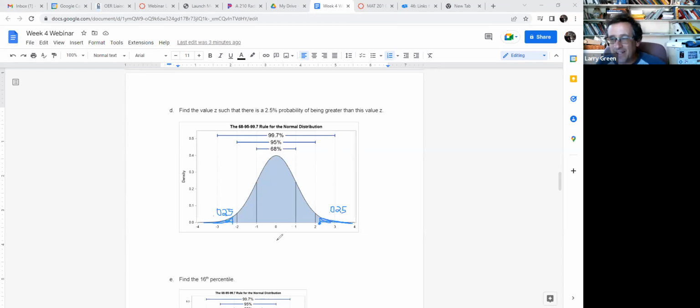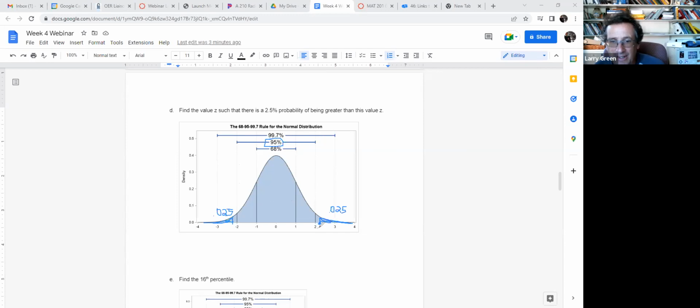So if the outside is 5%, the inside is 95%. Check it out. The inside is 95%, which means that in terms of how I did it, I didn't do it exactly right on purpose, by the way. 95% is what's on the inside, and the empirical rule tells us that that's between -2 and 2.